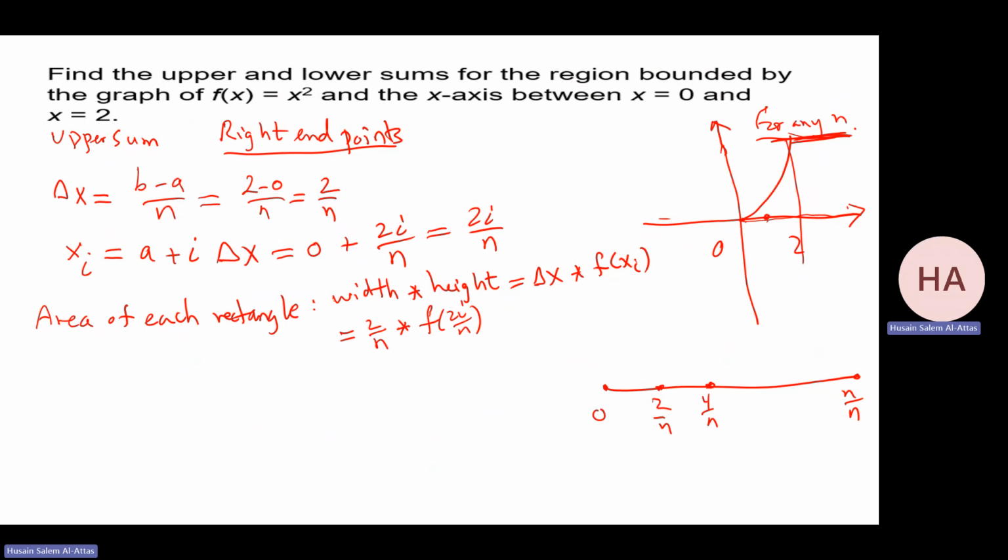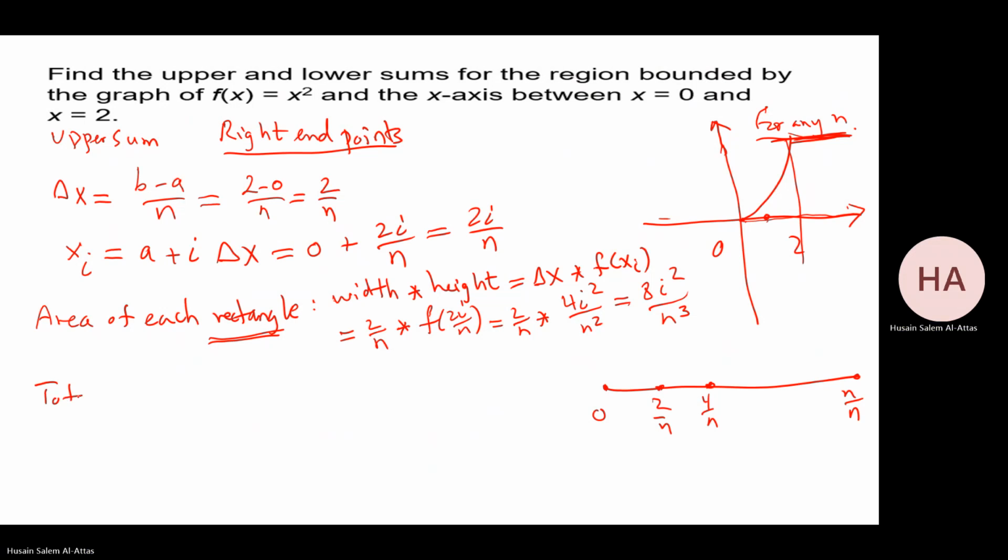That will be 2 over n times the square of this, which is 4i square over n square. Now that will be 8i square over n cubed. This is the area of each rectangle.